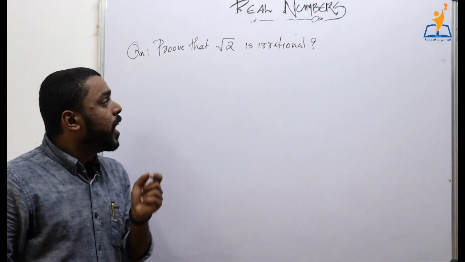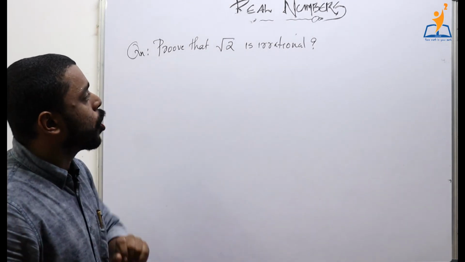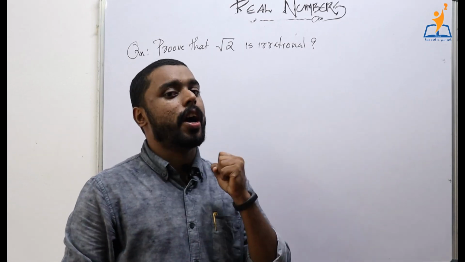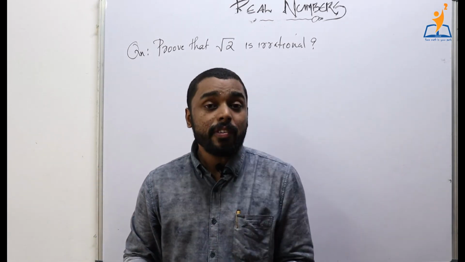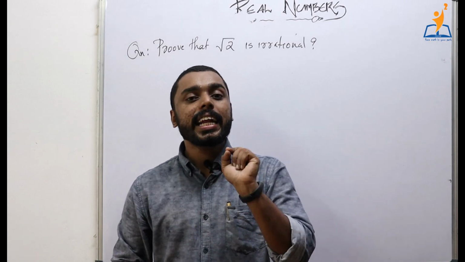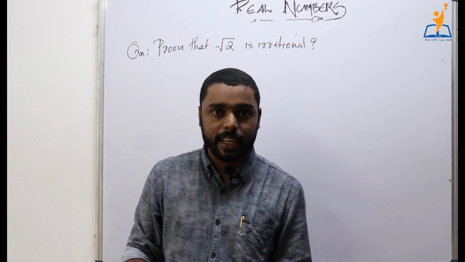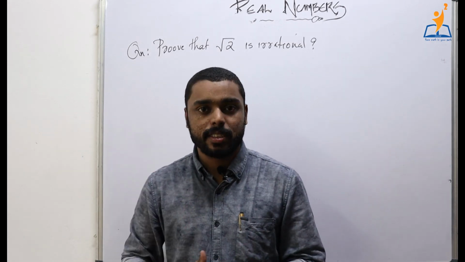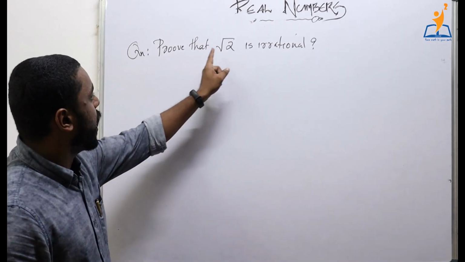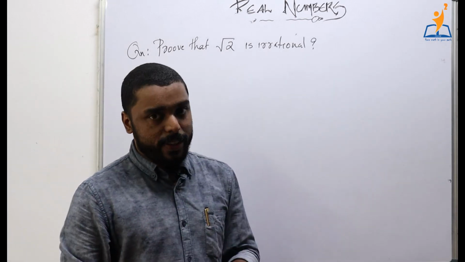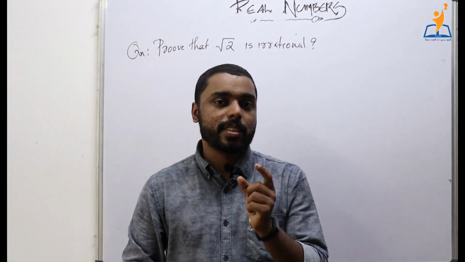Our aim is to show that root 2 is irrational, and we now have a strong tool in our hand. Which is our tool? Whenever P is a prime and that prime divides A square, then P must divide A. That is the theorem we have just proved. In such questions, we are going to do a small trick.